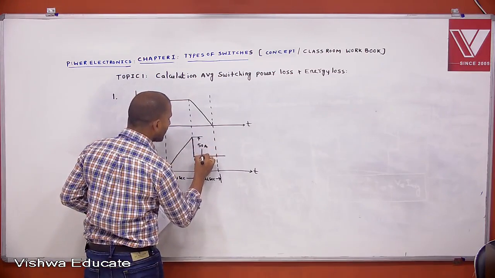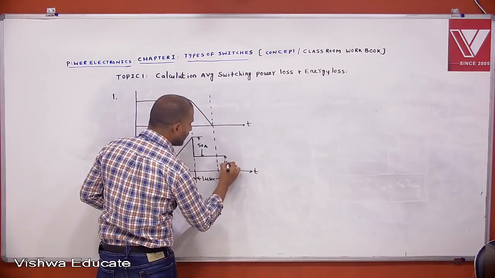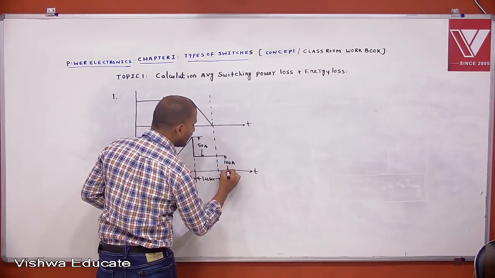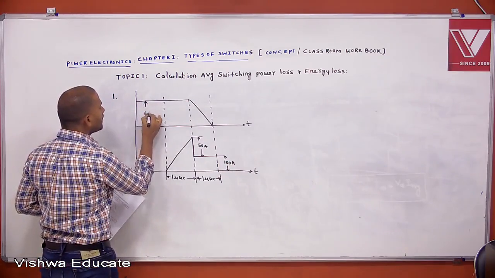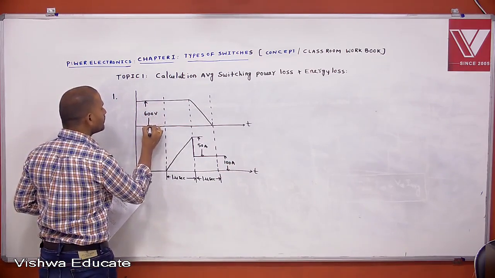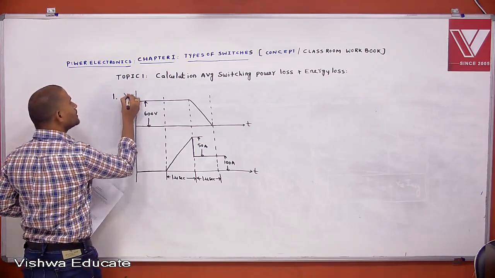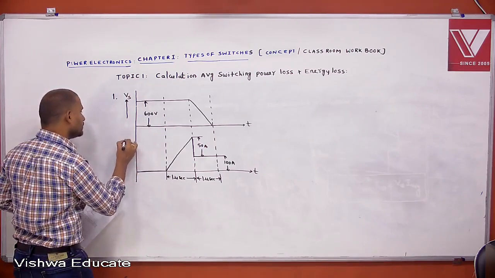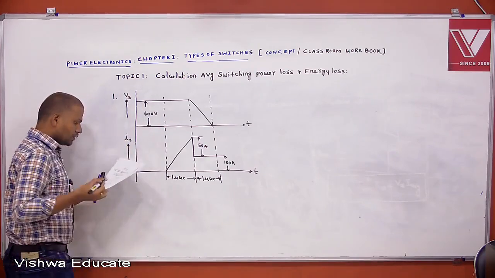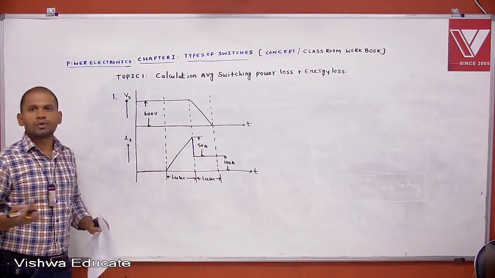These are the given characteristics, and this current is 100 amperes, and this voltage is given as 600 volts. This is voltage across the switch, and this is current through the switch. This is 1 microsecond, this is also 1 microsecond.